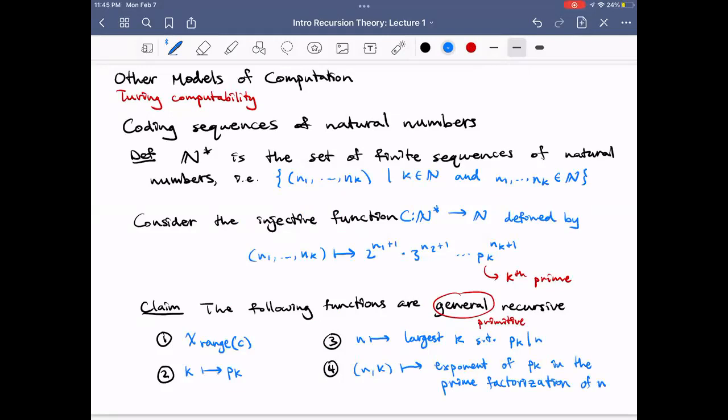So this is essentially telling you the kth element of the sequence encoded by n. And showing that all these things are primitive recursive is not so much harder than showing that the earlier functions we saw are primitive recursive. So basically, you could continue what I was doing earlier and build up more and more functions as primitive recursive, and then you could eventually show that these ones are primitive recursive.